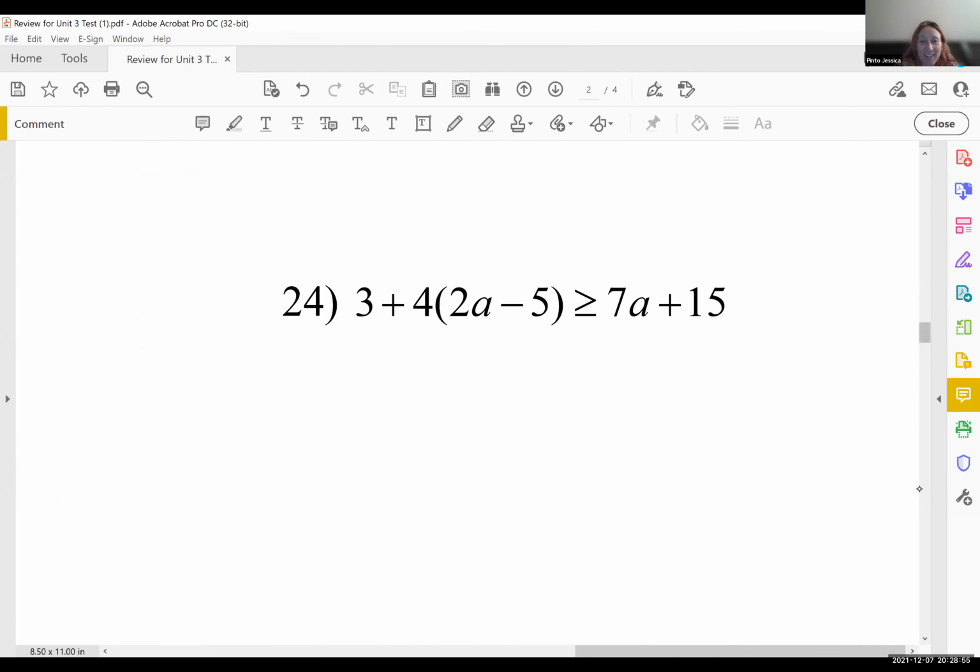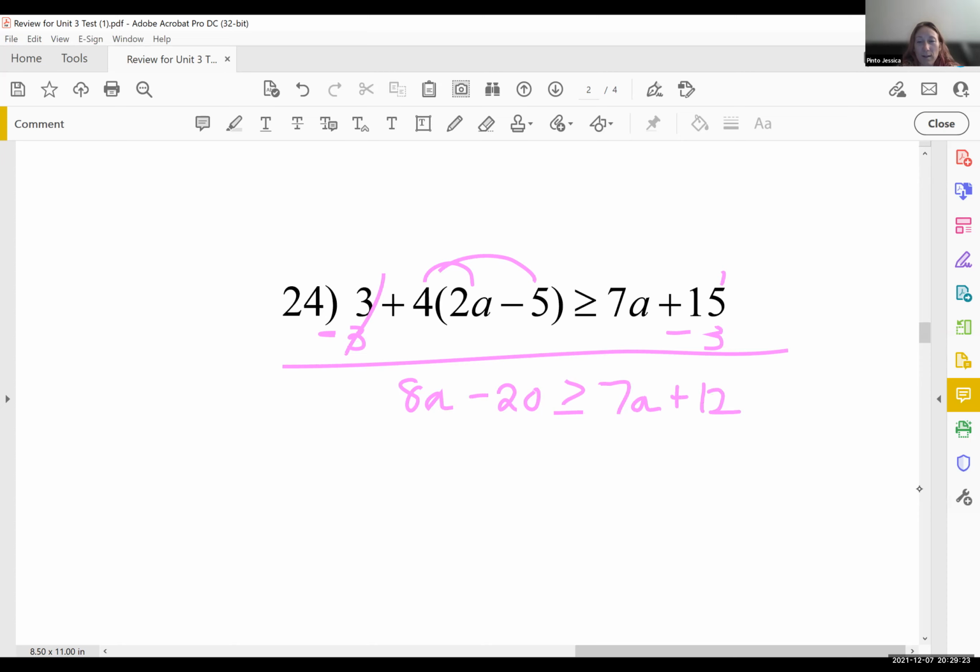24. Same idea, but wow, this one is messy. Looking at this, I'm going to subtract 3 to begin, and then in that same step, distribute. So that's going to give me, let's see, 8a minus 20, 7a plus 12.